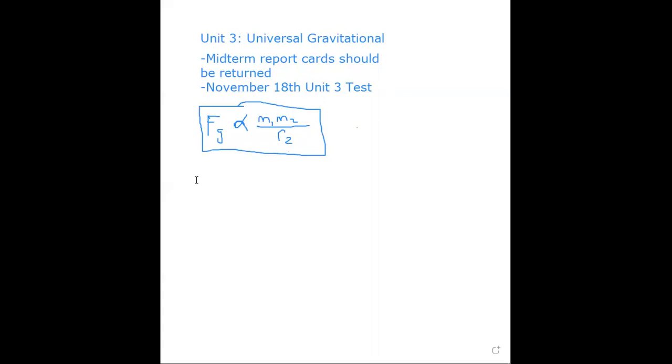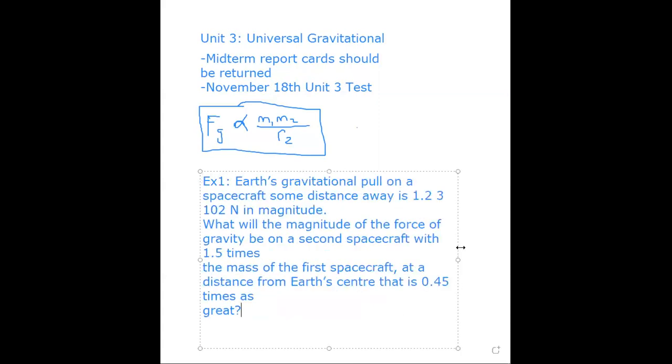So the first example is this one. We have this question here. It says Earth's gravitational pull on a spacecraft some distance away is 1.2 times 10 to the 2 newtons in magnitude.